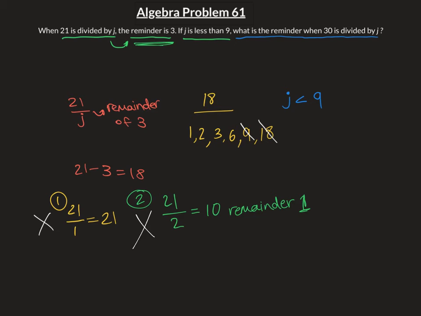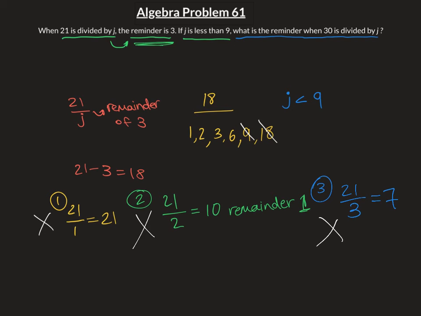Now, we'll take scenario 3. What if j is 3? 21 divided by 3 is nothing but 7. So we don't have a remainder of 3. This one is also wrong.